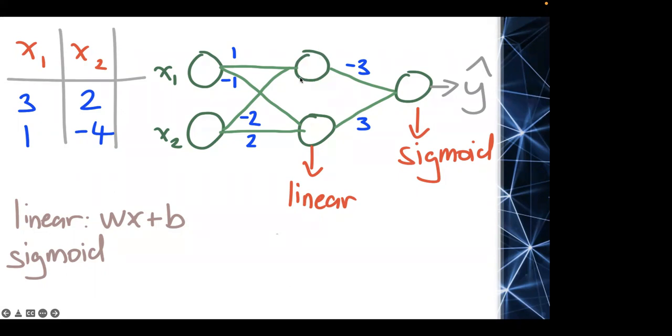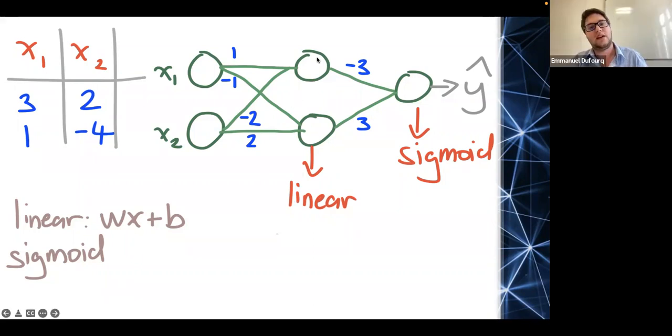So for the linear, we just retain the input, right? Since we are just mapping x onto x. Sorry, sure. I forgot that one. No, that's fine. But there was still a small adjustment we can make. Can someone else maybe try to tell me how to get this top hidden unit?